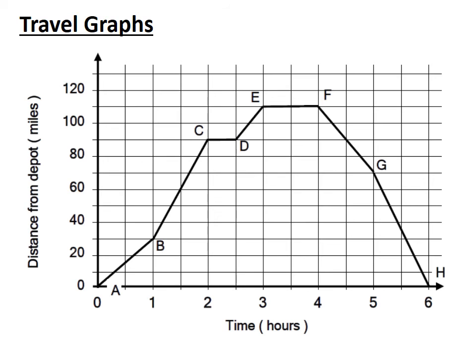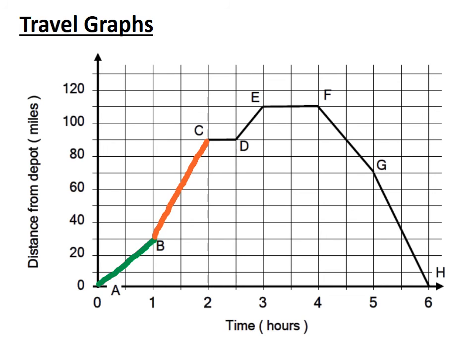The first line here, A to B, is moving away from the start at steady speed. It's a straight diagonal line, which means steady speed. The second section of the graph is doing the same thing, but it's much steeper, so therefore it has a bigger speed. The steeper the gradient, the bigger the speed. But it's still moving at constant speed, still moving away from the start.